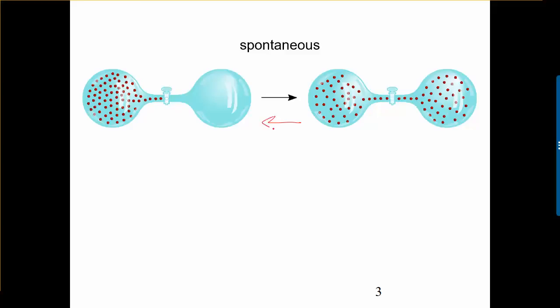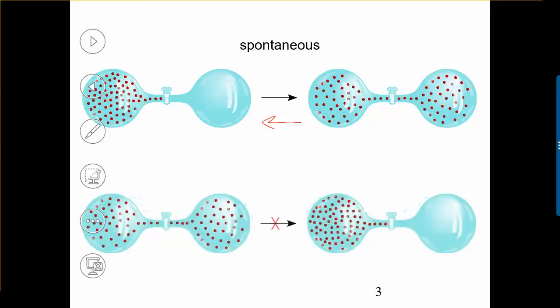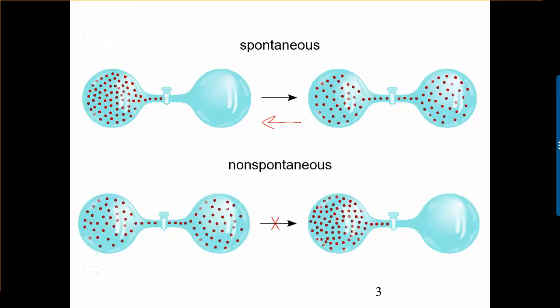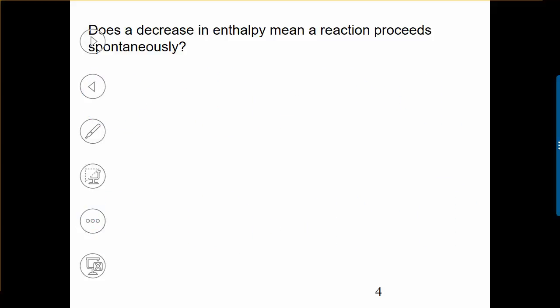Can I do it the other way? That would be a non-spontaneous process, right? That would require me to input energy into the system to force it backwards, right? So that is not going to happen. I'm not going to be able to force it back to the other side.